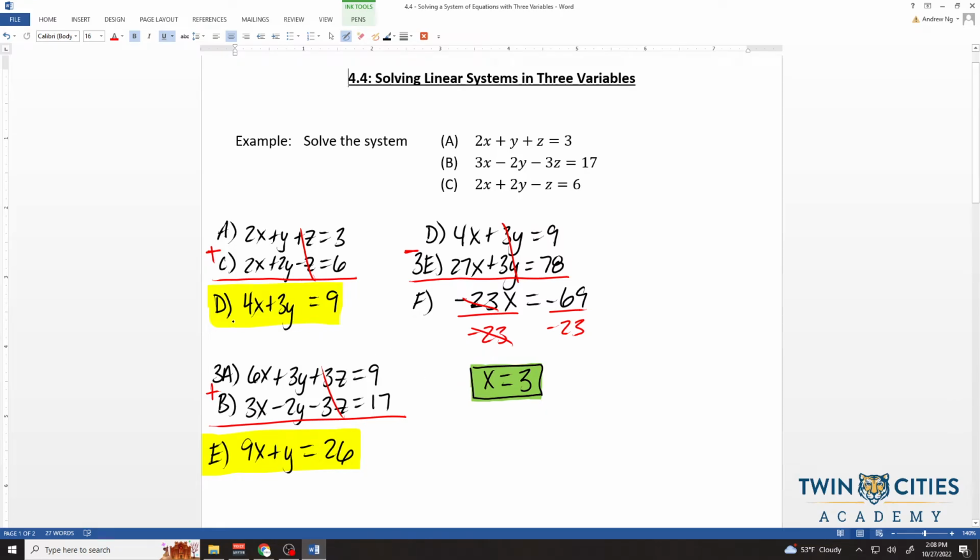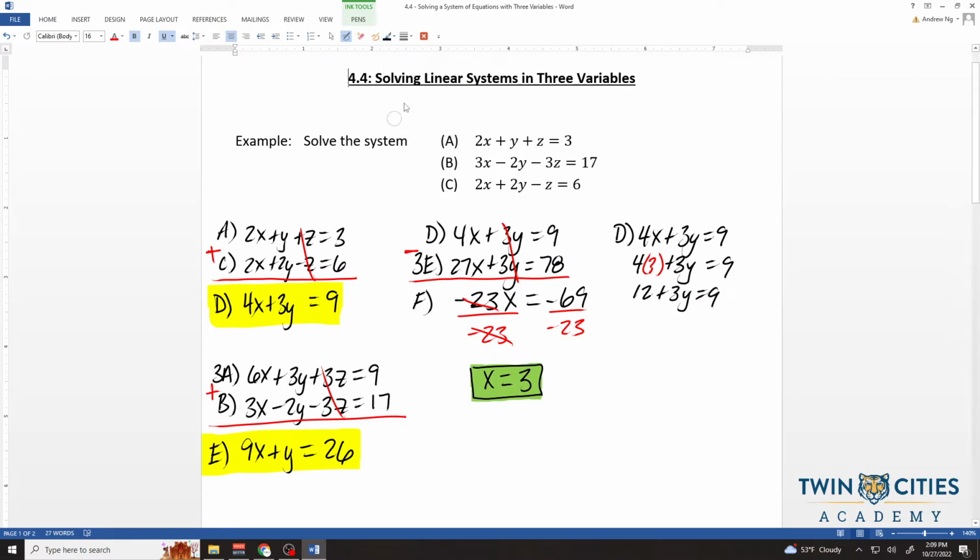So if I were to do that with equation D, that would be 4x plus 3y equals 9. Plugging in x equals 3, this is 4 times 3 plus 3y equals 9. So this is 12 plus 3y equals 9.